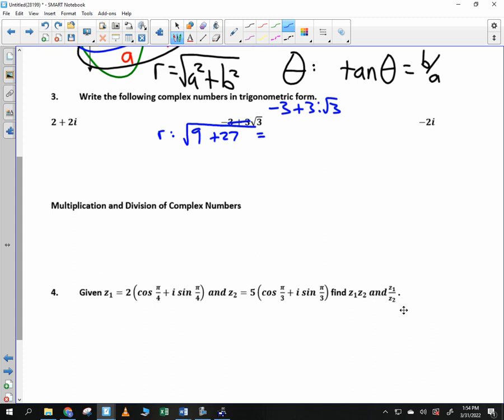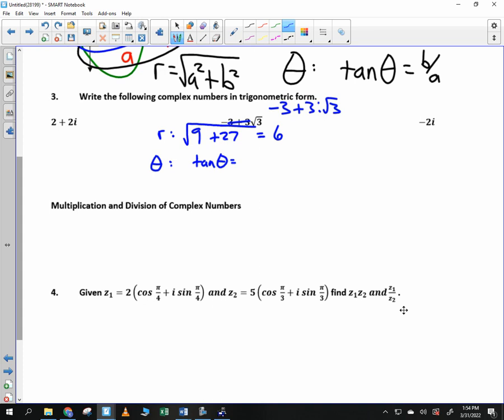And so you get the square root of 36, which is 6. Good. Not too bad, right? We're still just doing a squared plus b squared. All right, now we find theta, which is no big deal because you guys have learned how to solve equations. I say tangent of theta is equal to what?